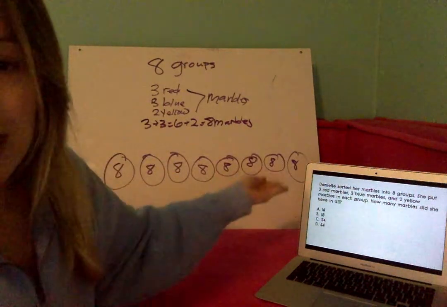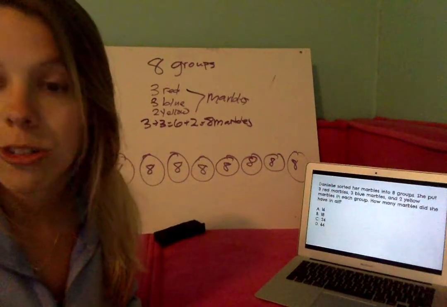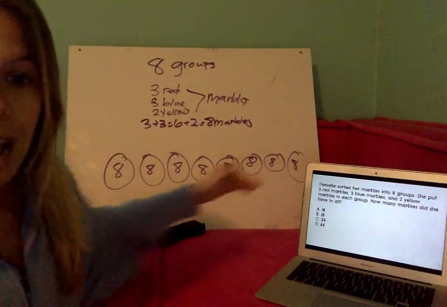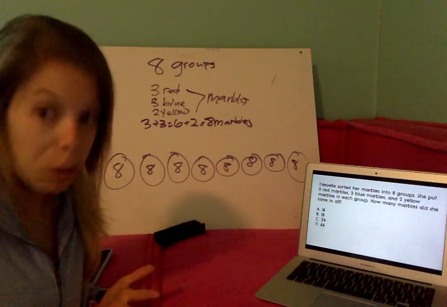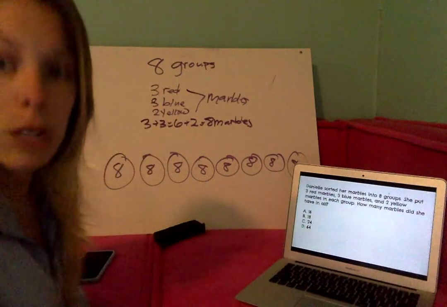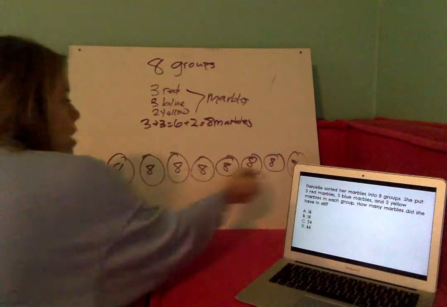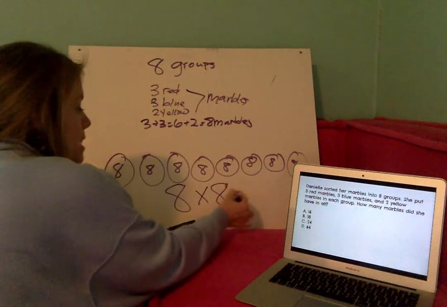If you see a picture like this, which a lot of you do not need to be using, this is just a visual for those who need it. If you see something like that, we know that we are probably going to be multiplying to figure out how many marbles did she have in all, because that's what the question is asking. So if we have 8 groups and 8 in each, we would do 8 times 8.